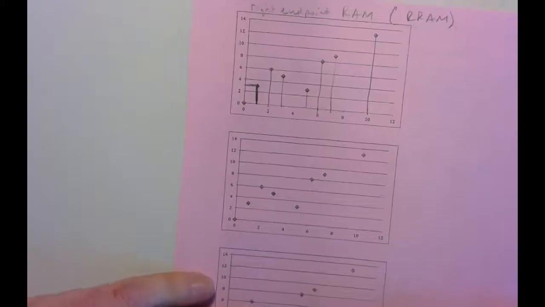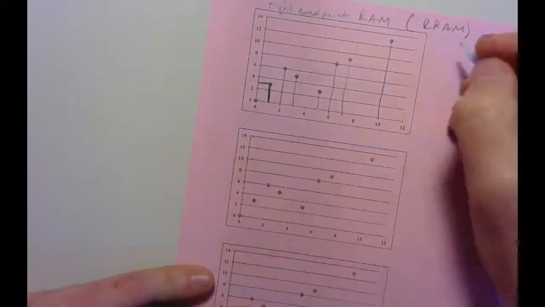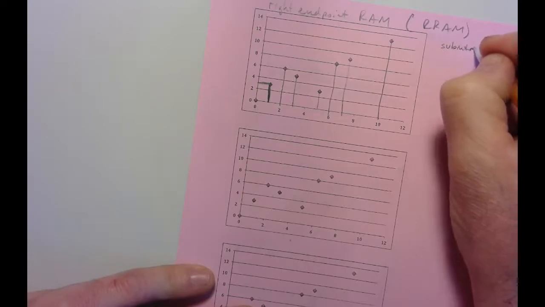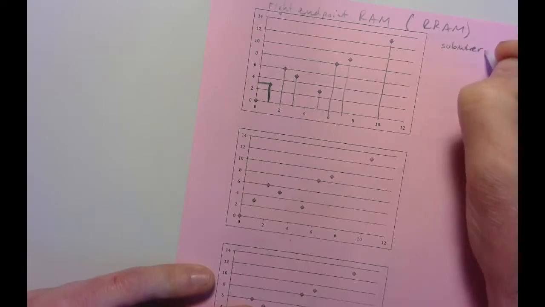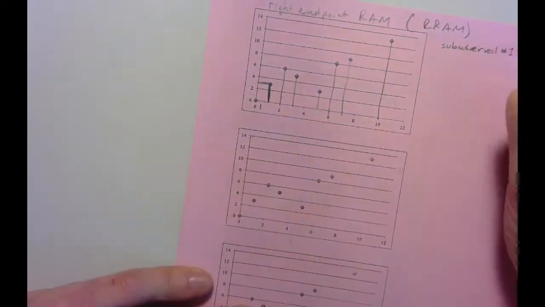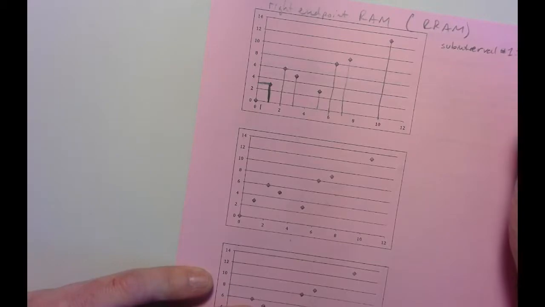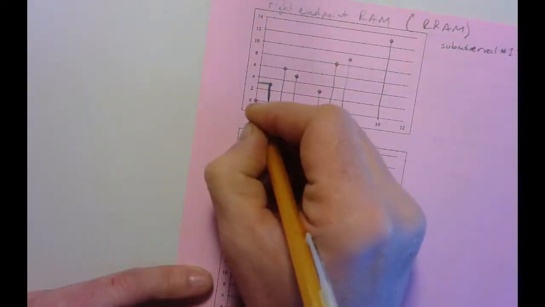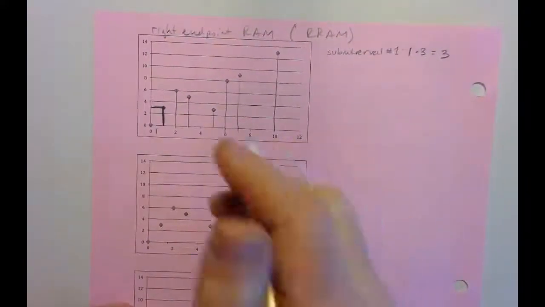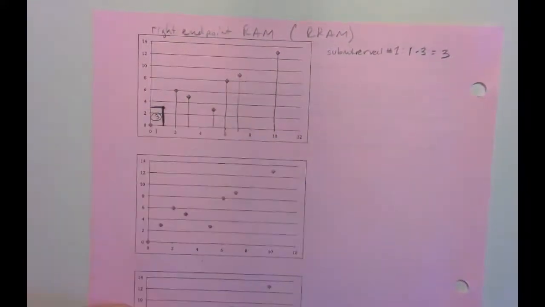If we make that assumption, then for the first subinterval, interval number 1, it has a length of 1 and a velocity of 3. So if for 1 second you travel with a velocity of 3, that would mean that you've traveled 3 feet.